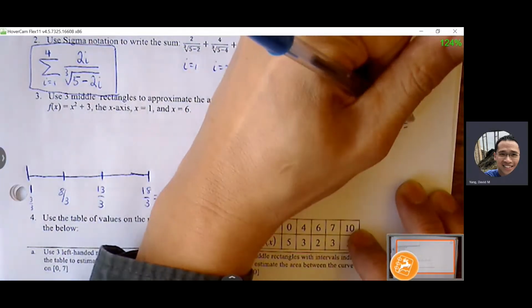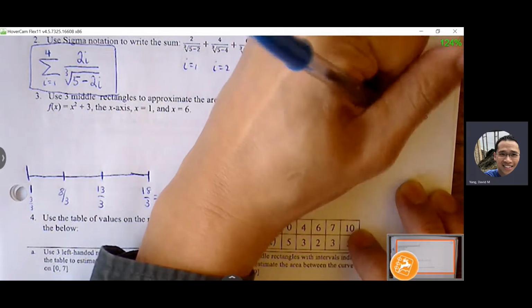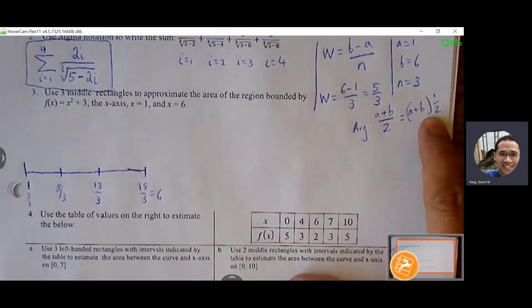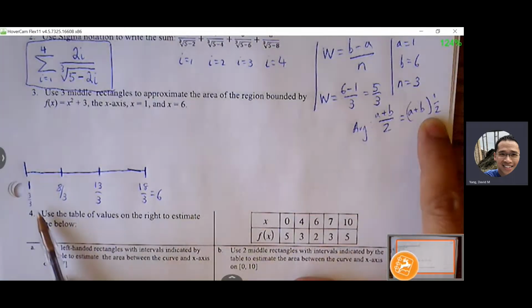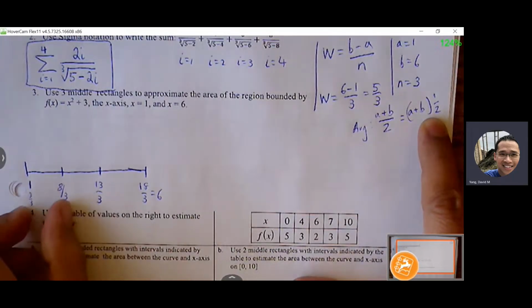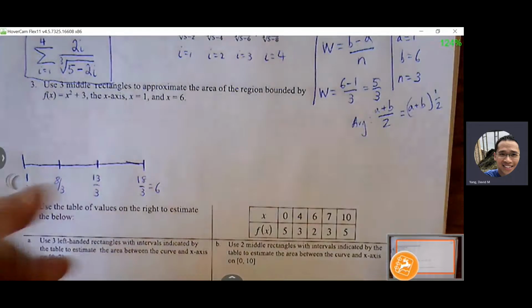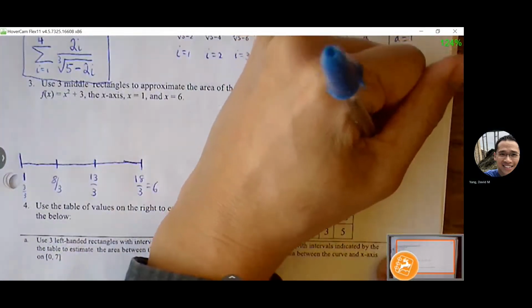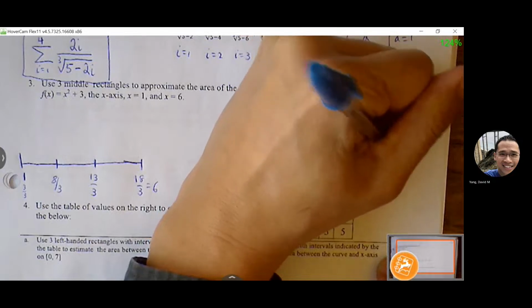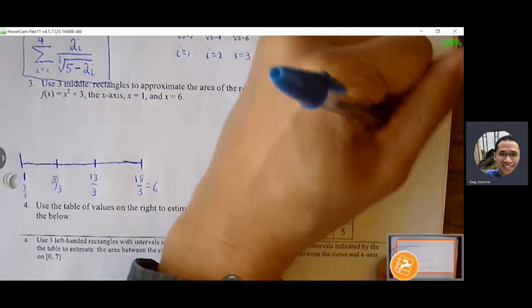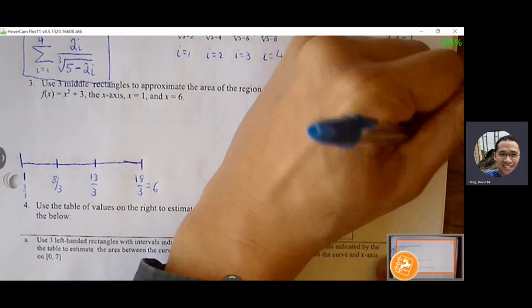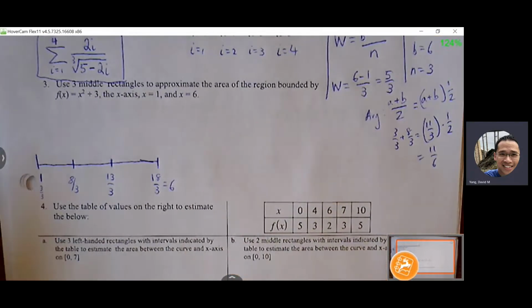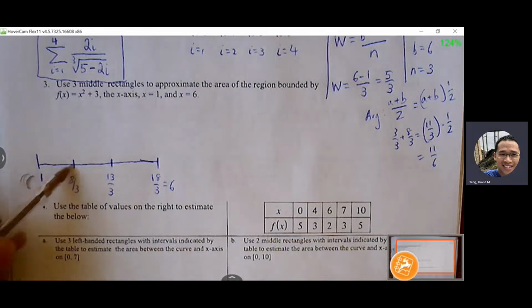Which is the same as adding the two numbers and multiplying by 1/2. So 3/3 plus 8/3 is 11/3. Multiply that by 1/2, and we get 11/6. So 11/6 is the midpoint of the first interval.